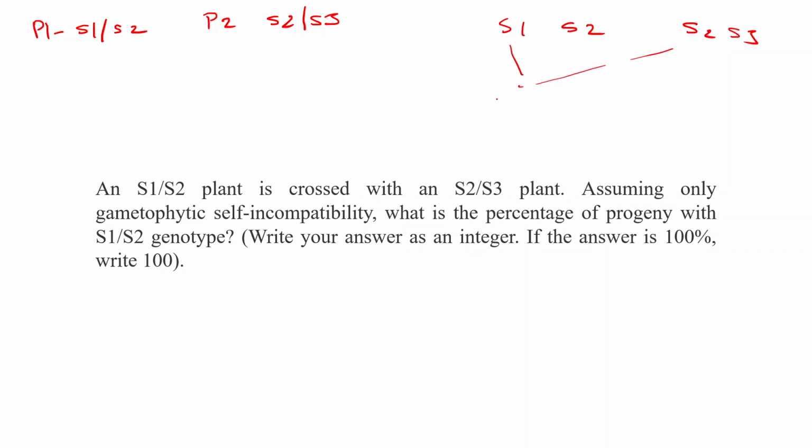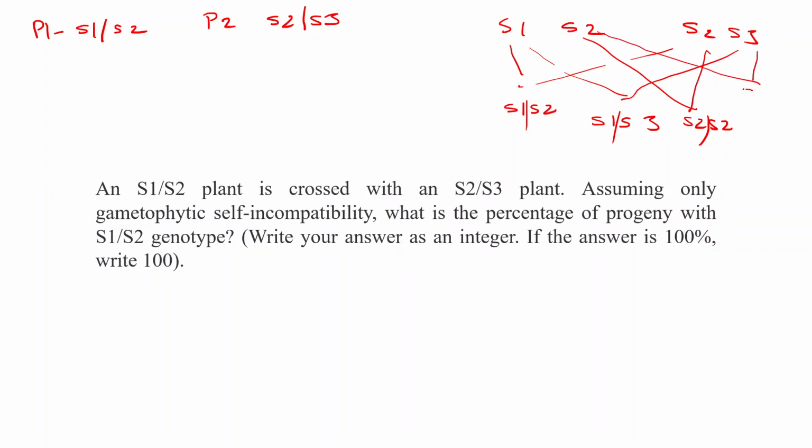So this would be S1S2, S1S3, S2S2, and S2S3. These could have been the possible pollen without any incompatibility concept.